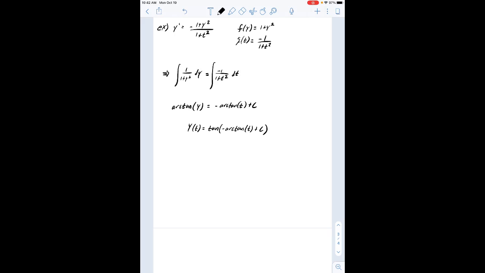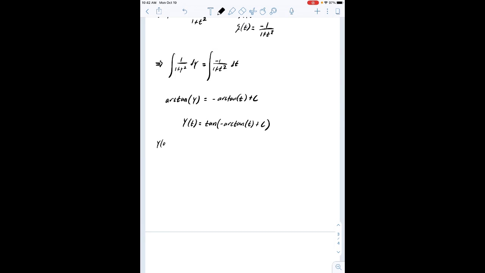Alright, so we can now solve for an initial condition if we're given one. So let's just solve for the initial condition y of 0 equals -1. So that goes to -1 equals tan of negative arctan of 0 plus constant.